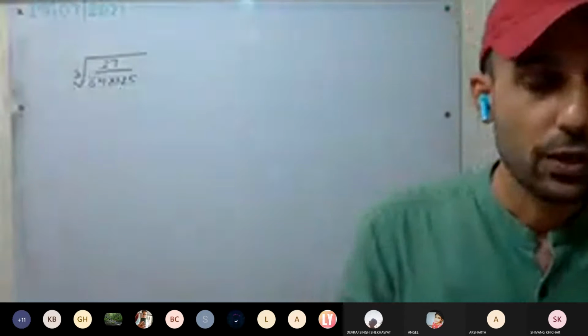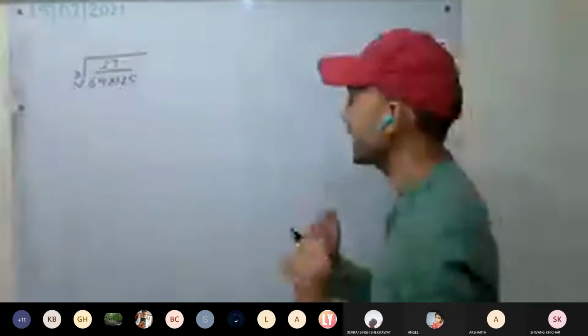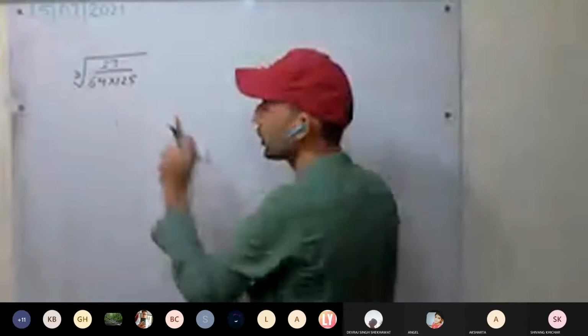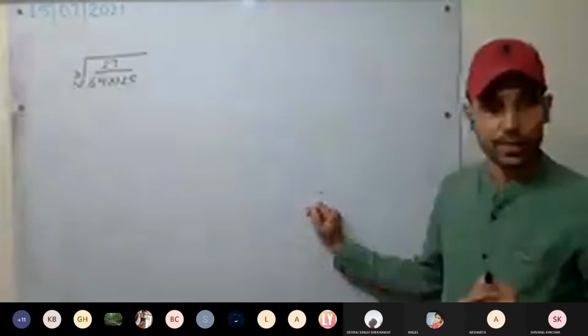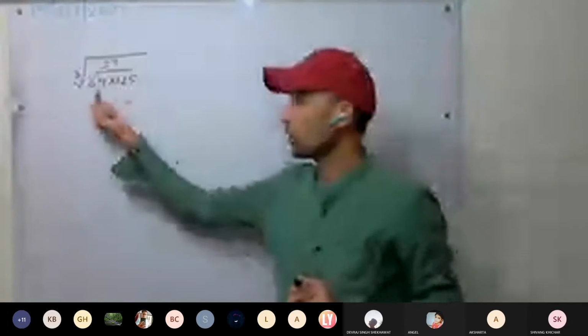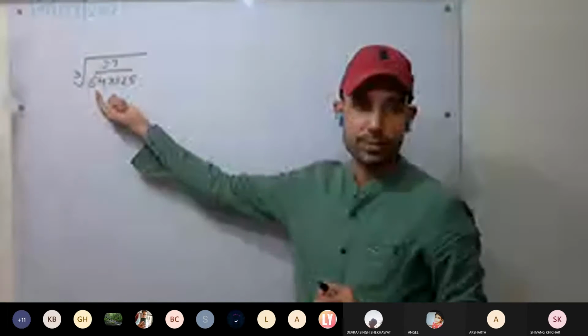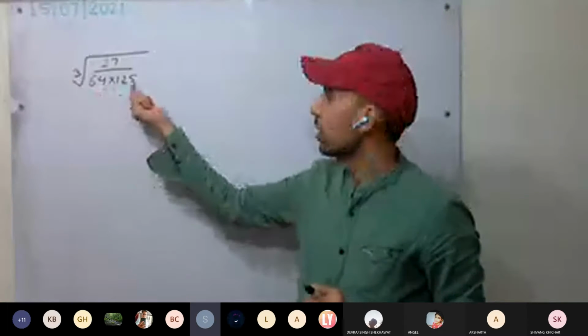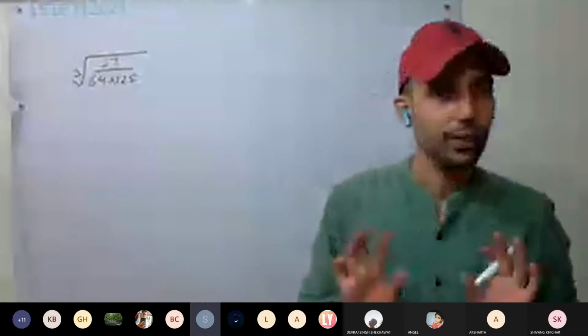Okay, see here. 27 is a perfect cube. Yes or no? 64 is also a perfect cube. 125 is also a perfect cube.